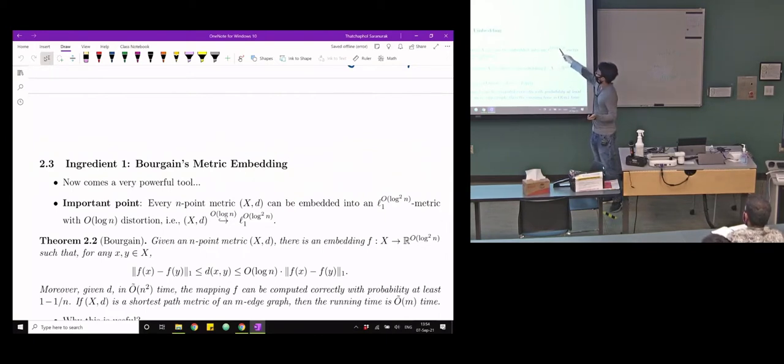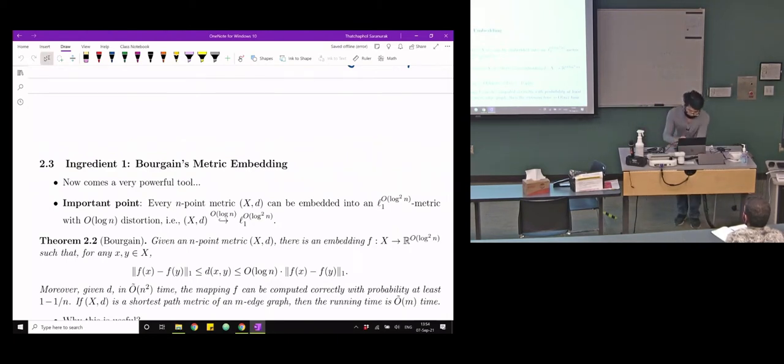And actually it has small dimension. The dimension is like log n square, kind of smallish. And the distortion is just log n. So that should be surprising. Everything you can actually map into something friendly with small distortion.